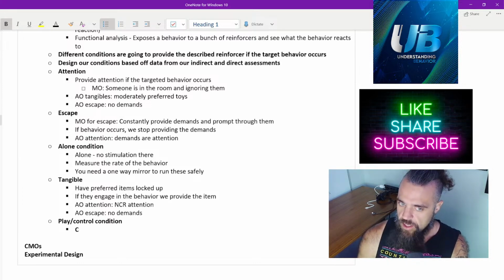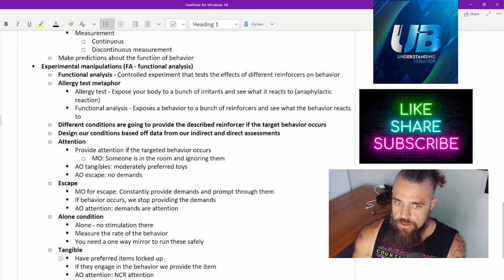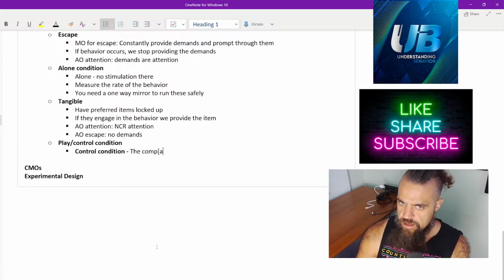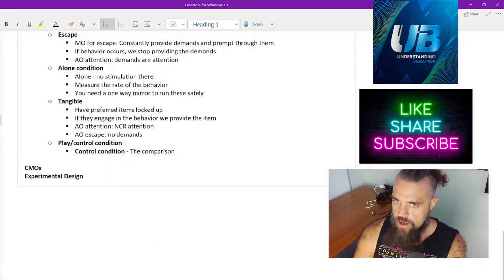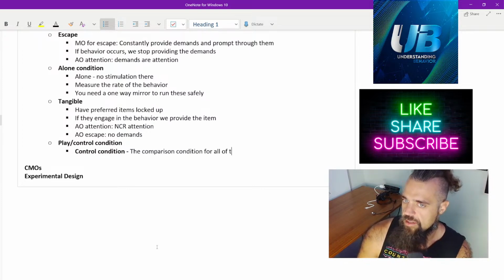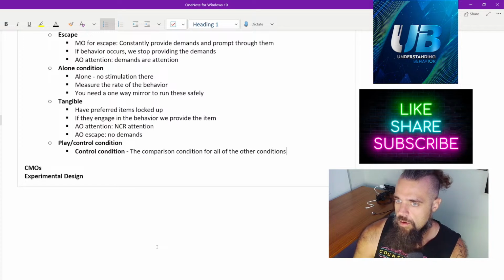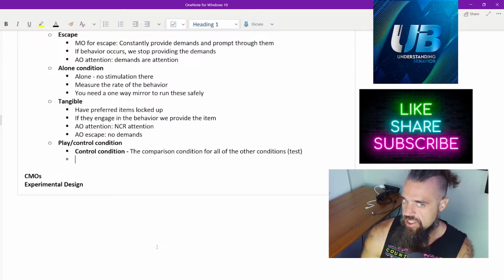This is the comparison condition for all of the other conditions, and those are our test conditions.